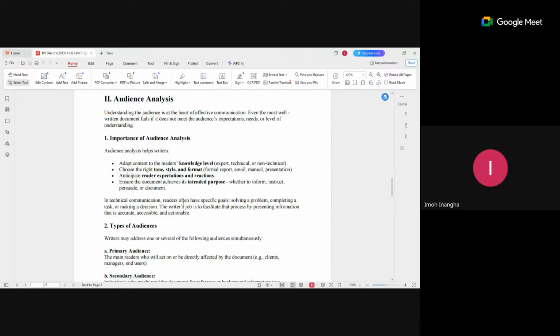So the next part is audience analysis. Understanding the audience is at the heart of effective communication. Even the most well-written document fails if it does not meet the audience's expectations, needs, or level of understanding. Now, have you ever gone through a manual and found that something is missing?